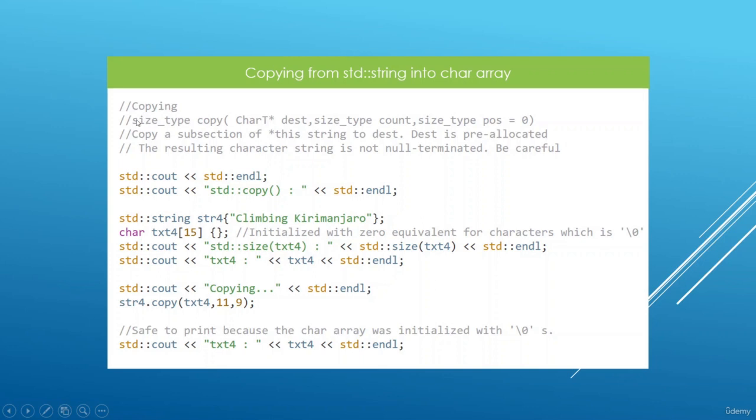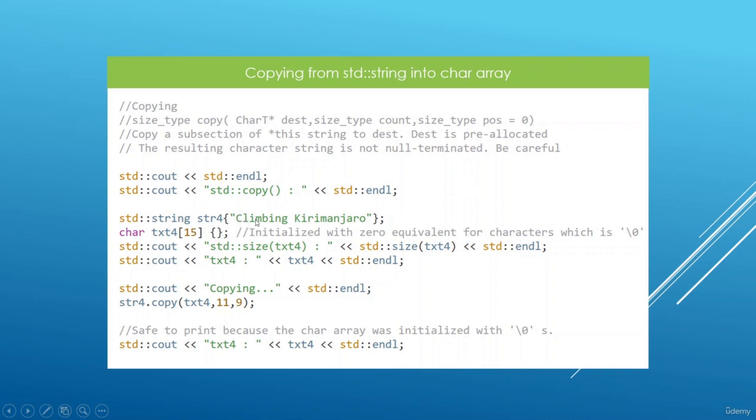And if you look in the syntax here, you're going to see that the last parameter, which is position here, this is the index, and the second parameter here, count, is how many characters you're going to go. So what we're going to do is go to index 9 in str4 here.